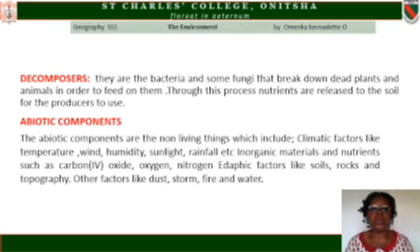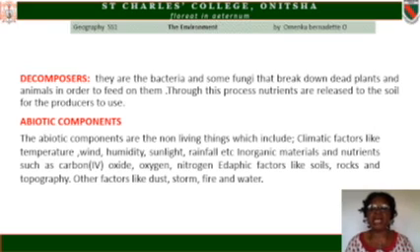Then we go to abiotic components, which is the second one. And this one will tell us about the non-living organisms. The abiotic components are the non-living things, which include all kinds of climatic factors like temperature, wind, humidity, sunlight, rainfall, pressure, name them.